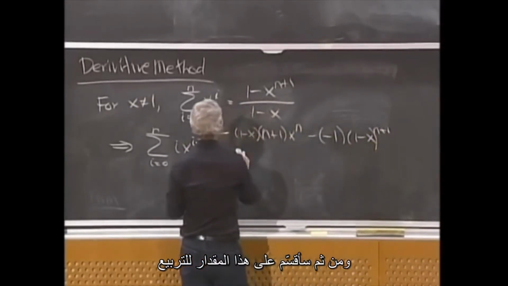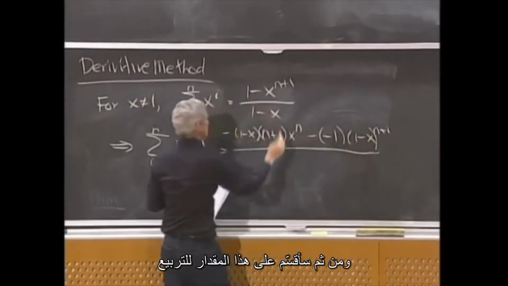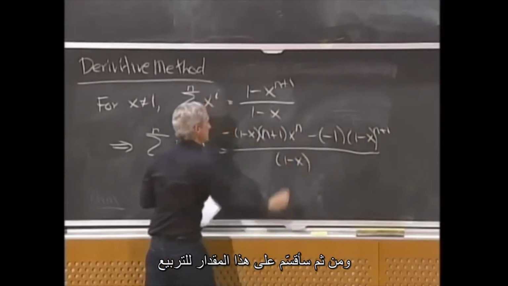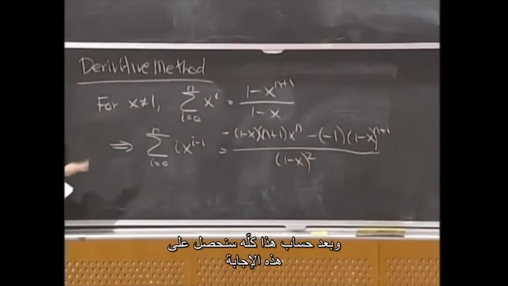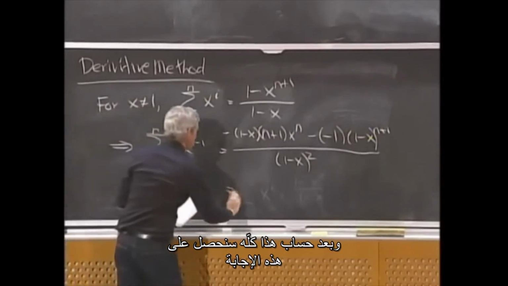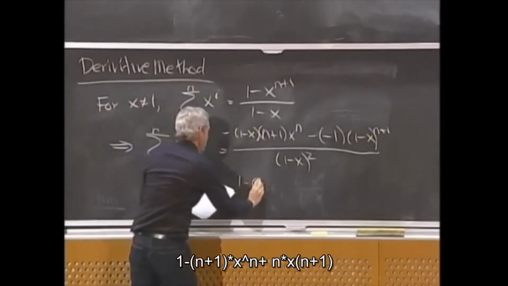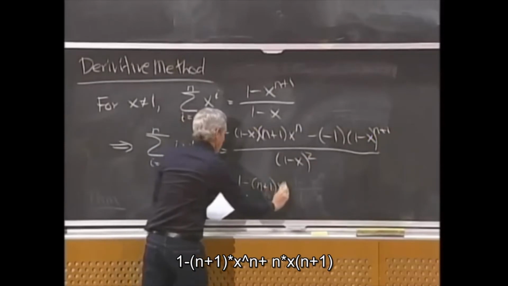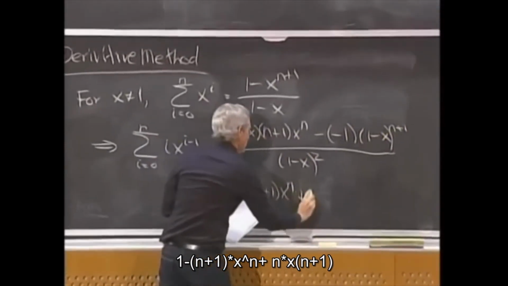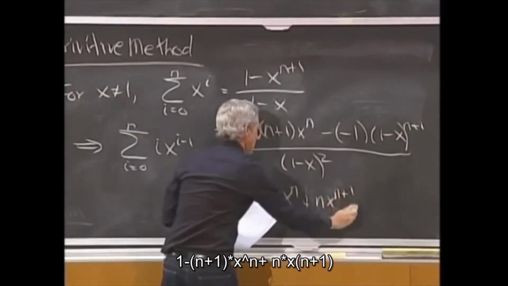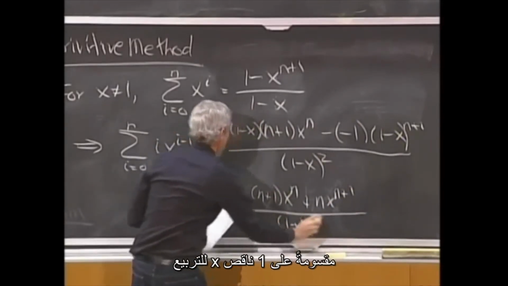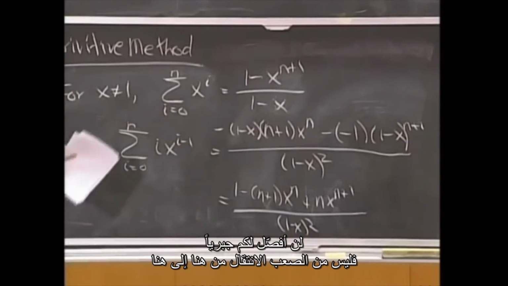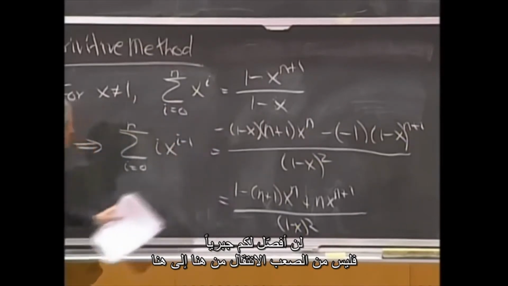And then I divide by that squared. Now when we compute all that out, we get this: 1 minus n plus 1 x to the n plus n x to the n plus 1 over 1 minus x squared. All right, I won't drag you through the algebra, but it's not hard to go from there to there.